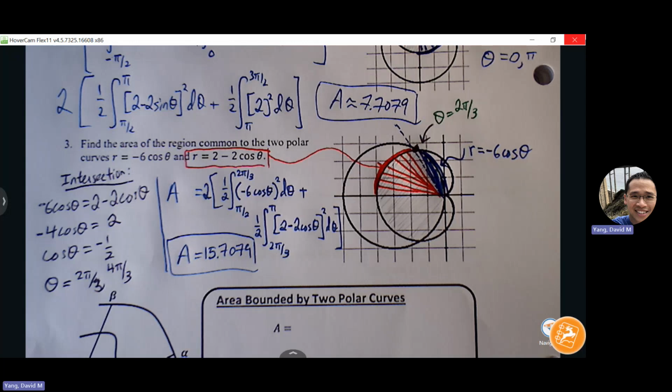And also, this 2 pi over 3 is kind of a hint, right? This is in that second quadrant, and this is not a whole lot, so it makes sense that it's just from pi over 2 to 2 pi over 3, not from 0 to 2 pi over 3. So that's also a hint of that.